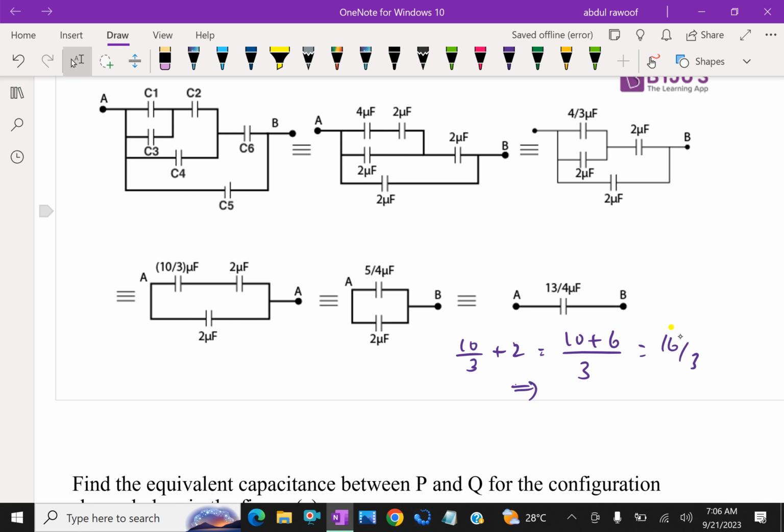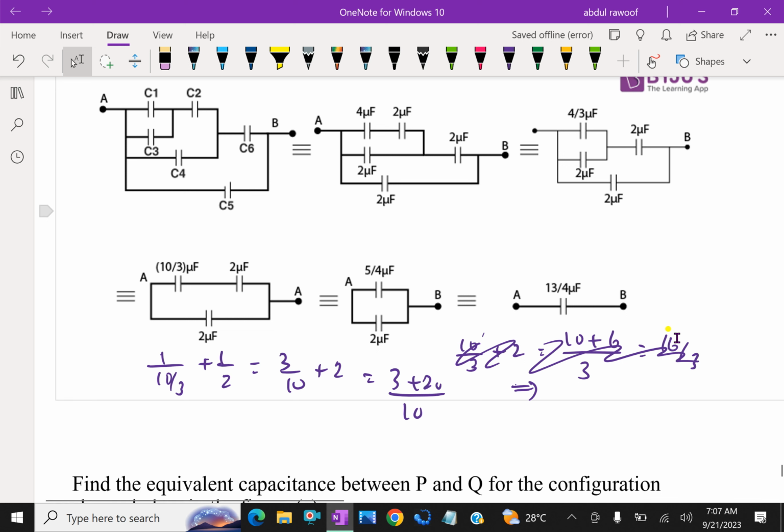Here, because it is in series, it is 1 over 10 by 3 plus 1 over 2, which is 3 by 10 plus 1 by 2. With the LCM 10, it is 3 plus 5 by 10, that is 8 by 10.